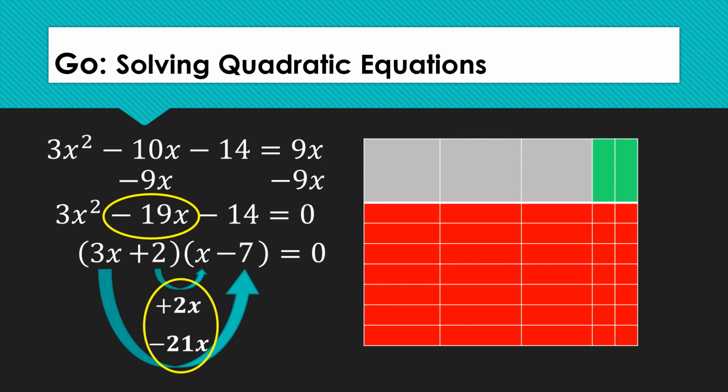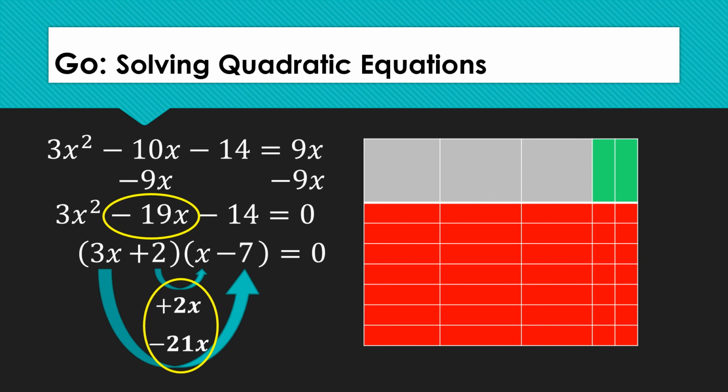The rectangles in red represent negative x values. They have dimensions of x by negative 1, and we have 21 of those. The two green rectangles are positive x values. Those have dimensions of positive x by positive 1, and we have 2 of those.